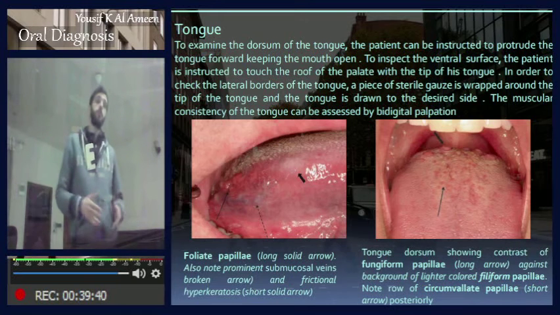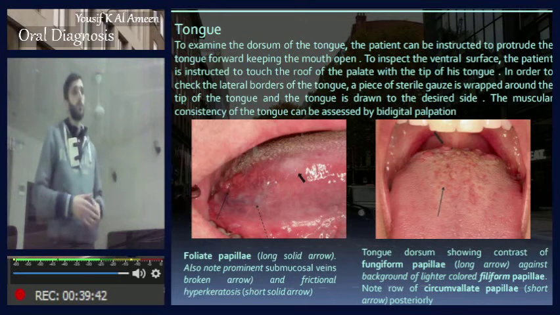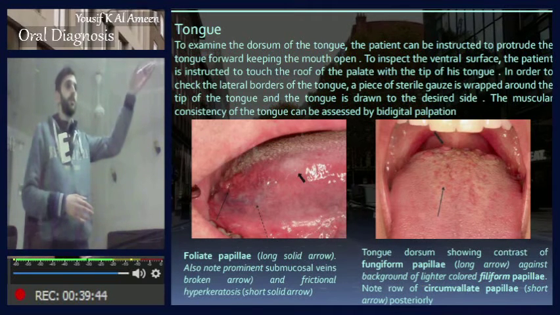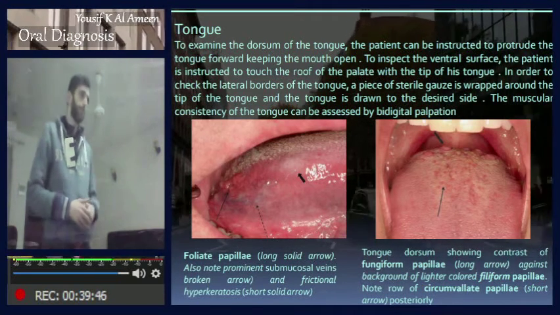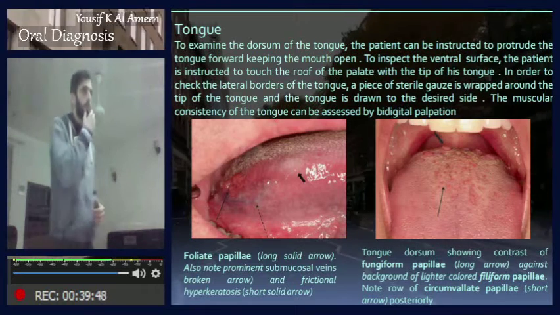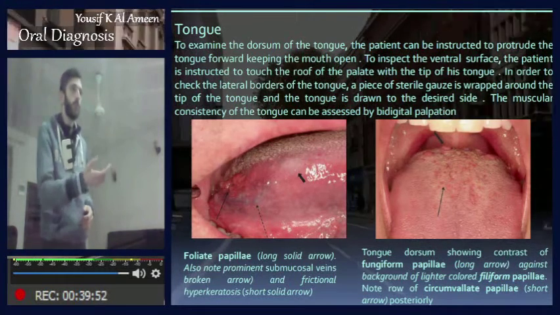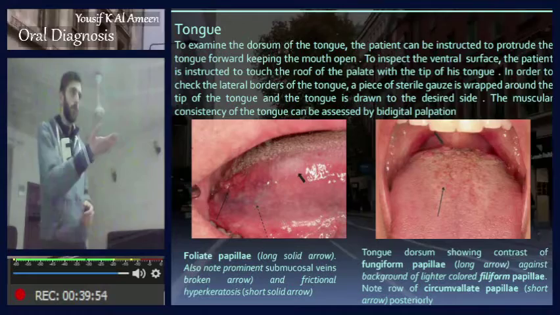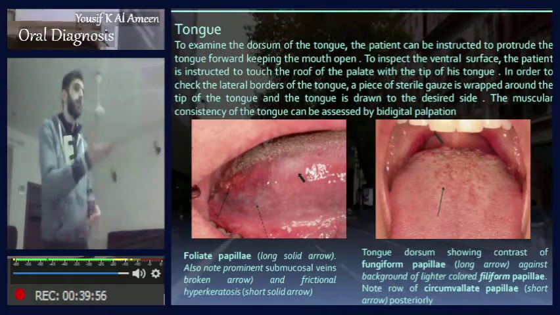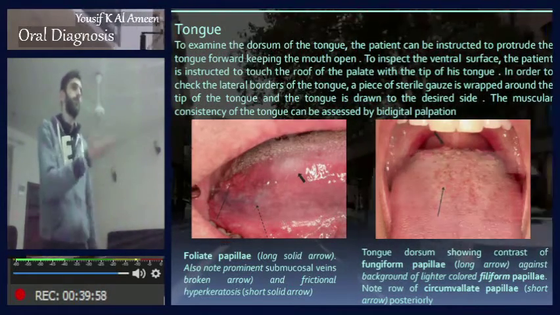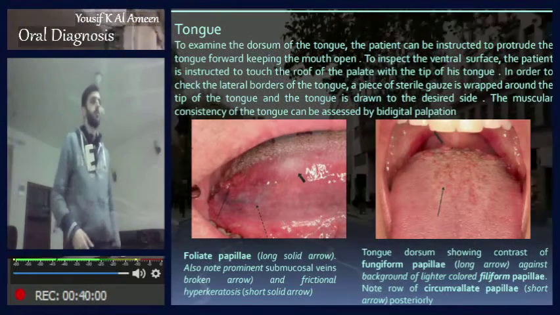This slide is important. We have the tongue. To examine the dorsum of the tongue, the patient can be instructed to protrude the tongue forward, keeping the mouth open, to inspect the ventral surface.